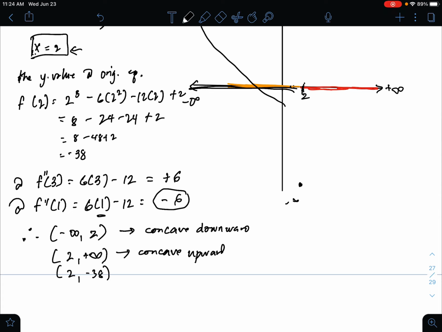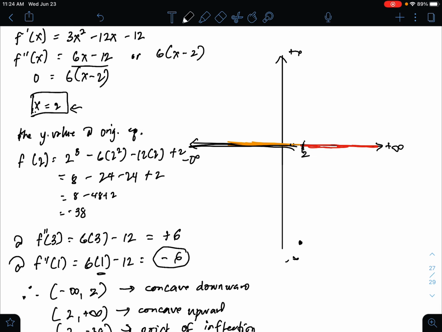Dala man din ang point of inflection, no? The point of inflection. So, again, there is downward. Lisod kayo mag-graph.